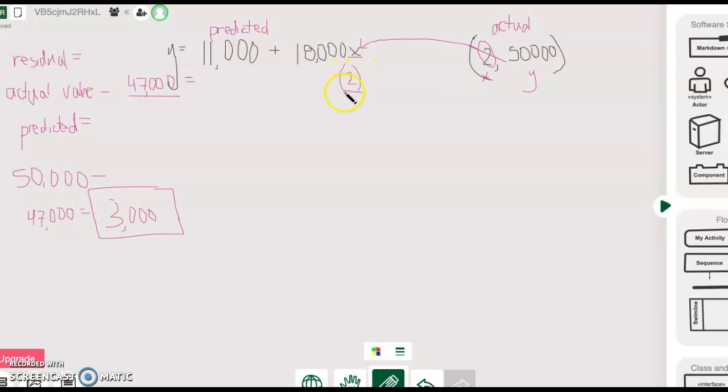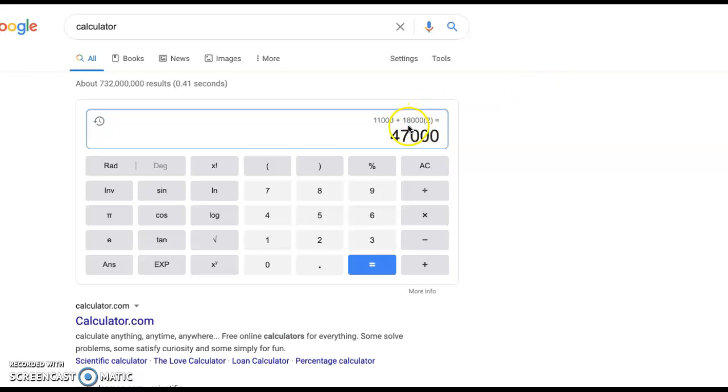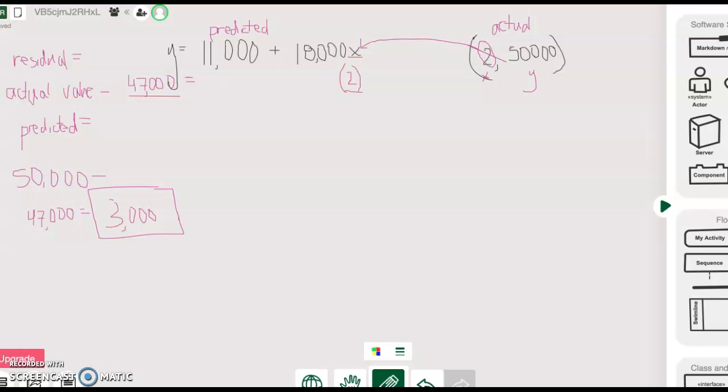I'm trying to predict the mileage for a car that's 2 years old, so I'm plugging in 2 for X. And it gave me a predicted Y value of 47,000. I didn't want to rewrite the whole equation, but here, if I plug in 2 for X, it's going to give me this predicted Y value of 47,000.